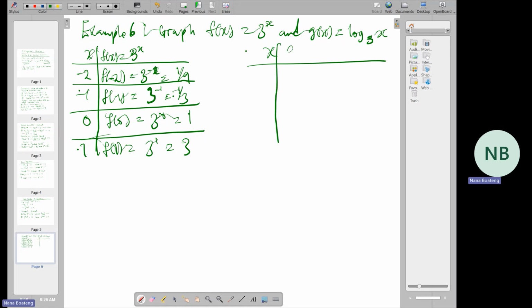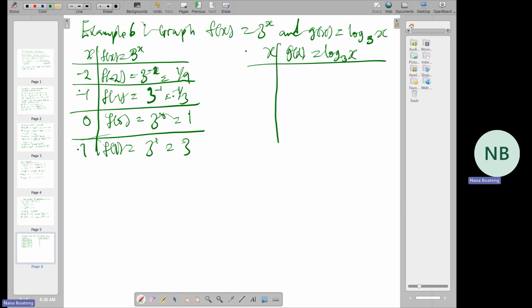And g of x is equal to the log to the base 3 of x. All right, so you would realize that the exponential function is f of x equal to 3 power x. If we write it in log form, then it becomes log to the base 3 of x.